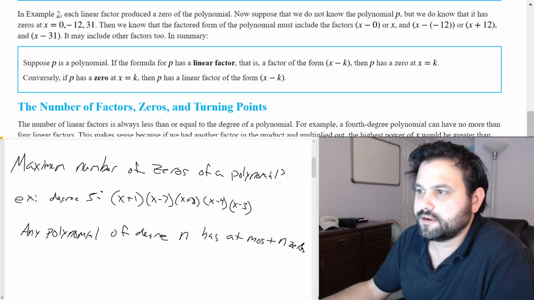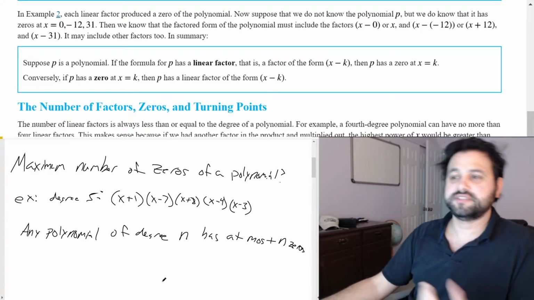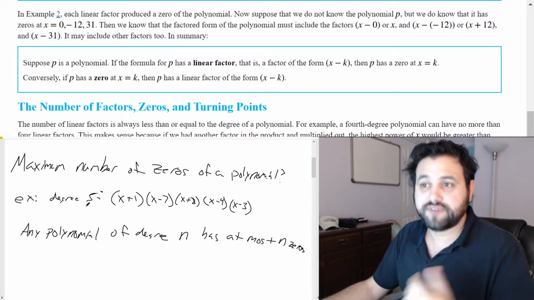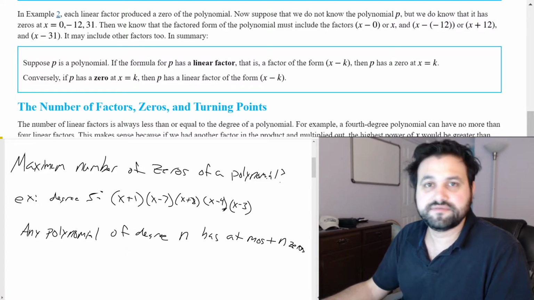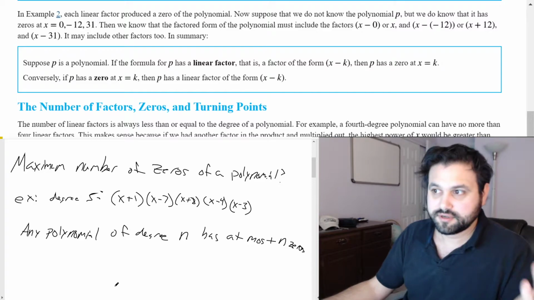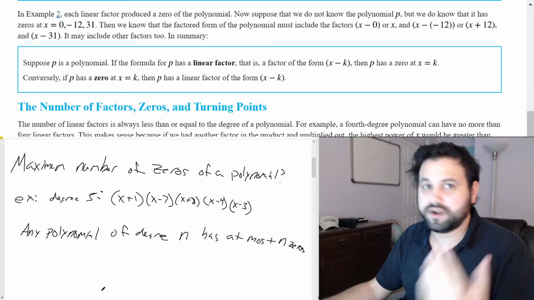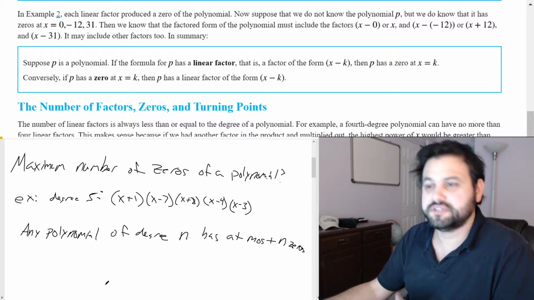N zeros, right? So for example, degree 5 has at most 5 zeros, degree 7 has at most 7 zeros, degree 24 has at most 24 zeros, and so on.